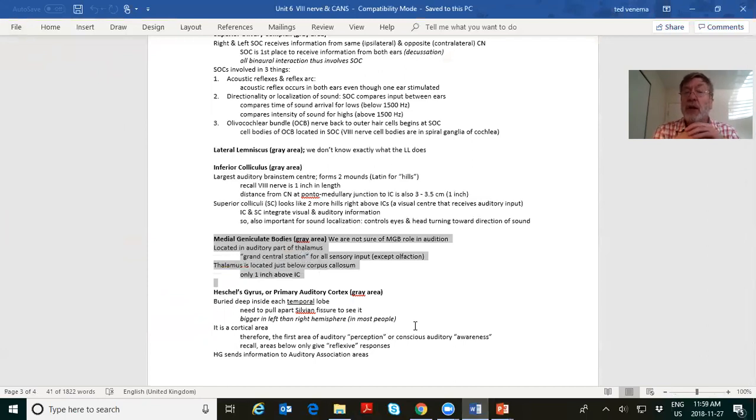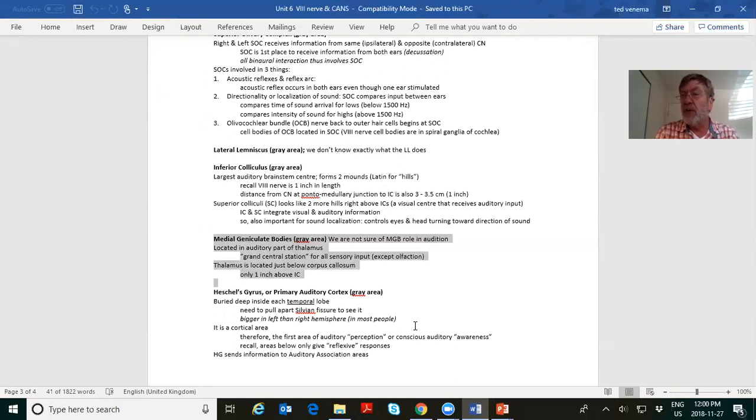And the auditory part of the thalamus is called the medial geniculate bodies. We don't really know what they do in terms of hearing. The thalamus is the grand central train station for all sensory information except smell. We don't know much about smell.